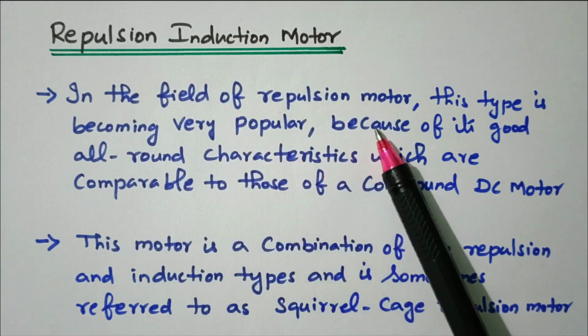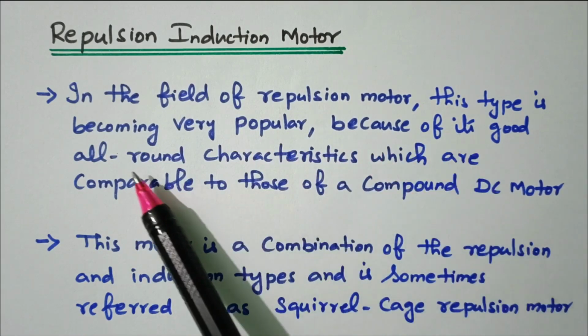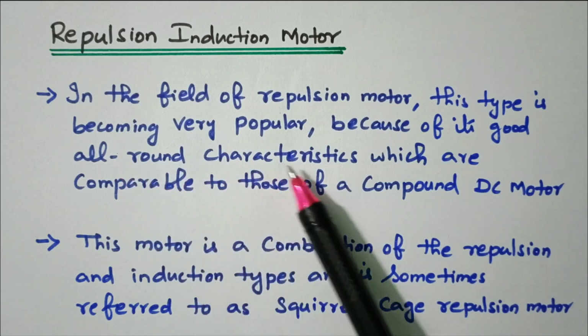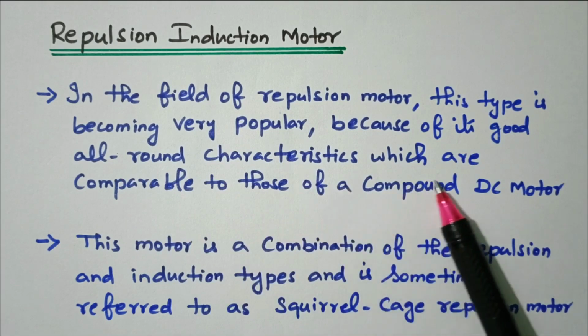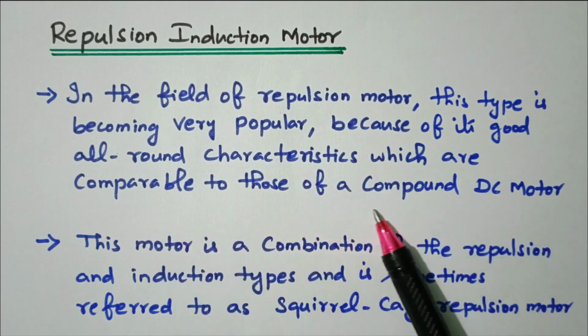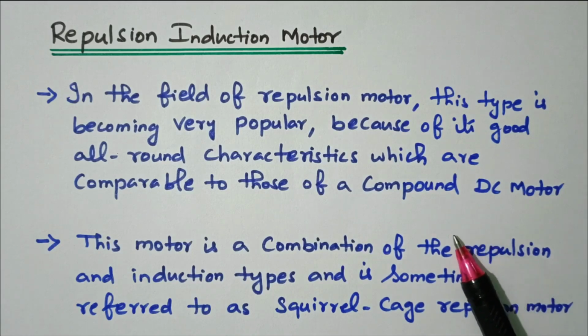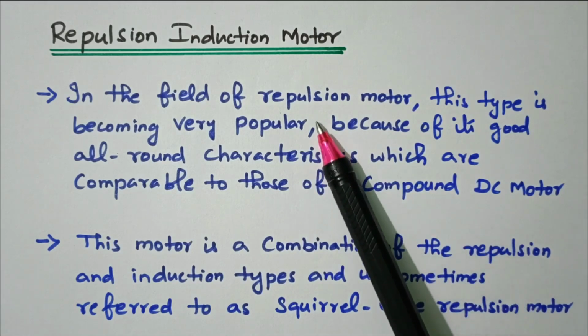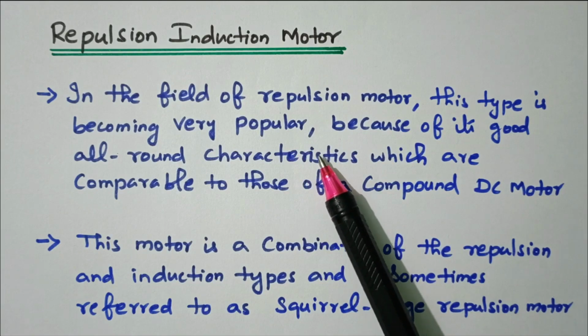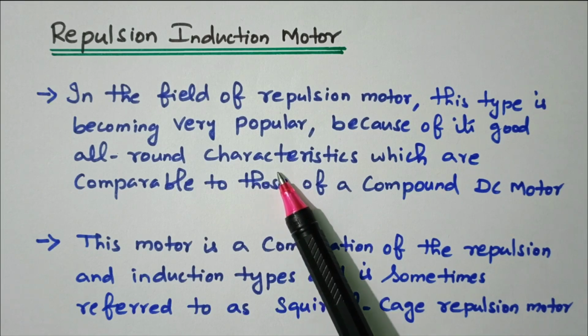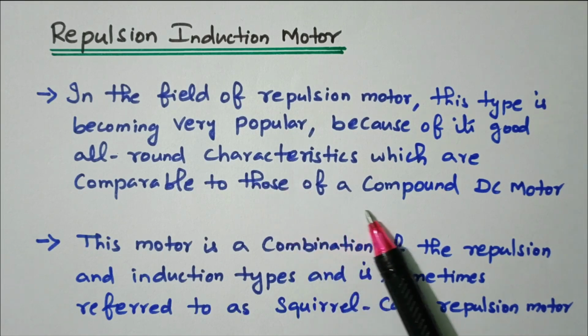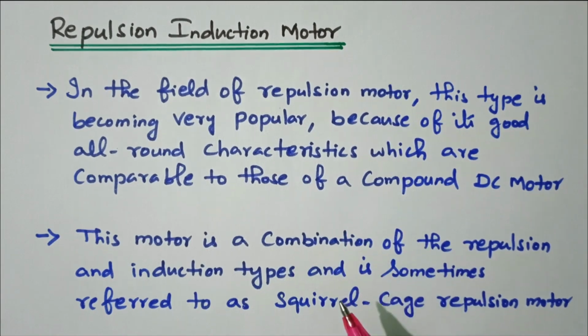In the field of repulsion motors, this type has become very popular because of its good all-round characteristics, which are comparable to those of a compound DC motor.